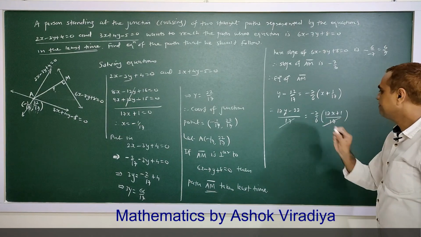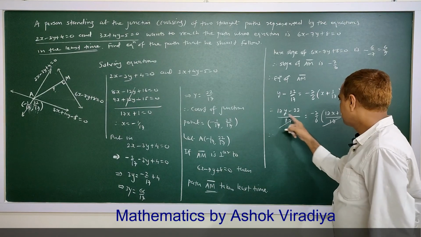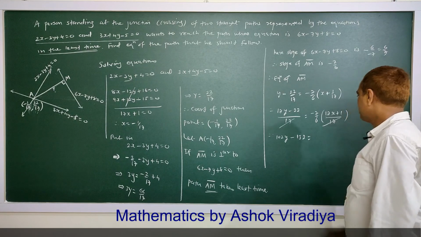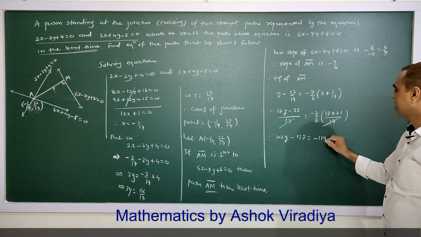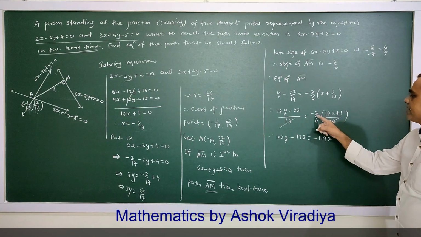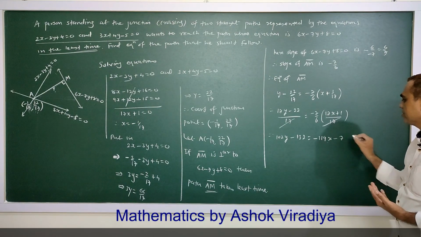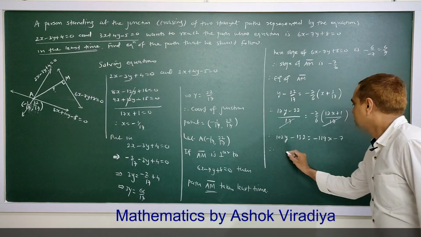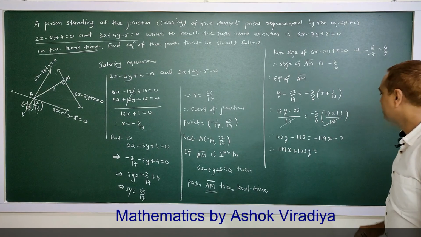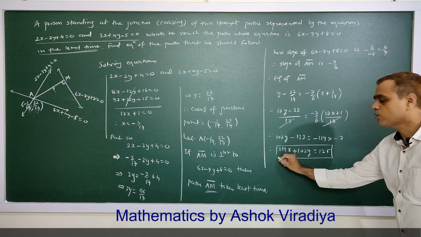Multiplying by 17 cancels the denominators, and by 6: 102y minus 132 is equal to minus 119x, 17 into 7, minus 7. Therefore, 119x plus 102y is equal to 132 minus 7, that is 125. This is the required equation.